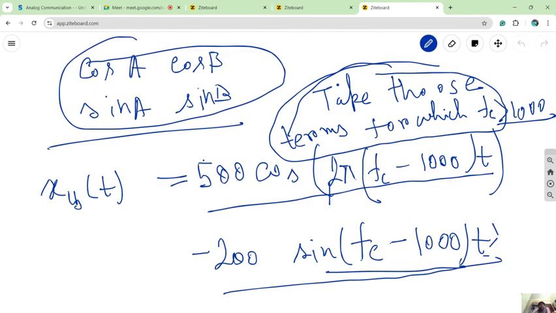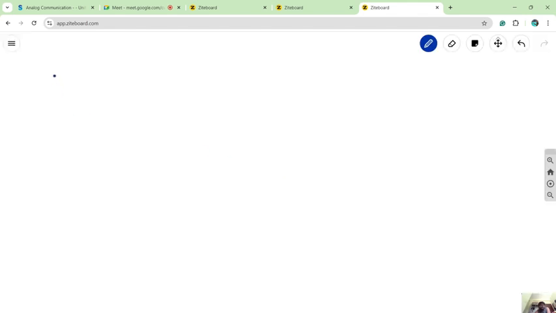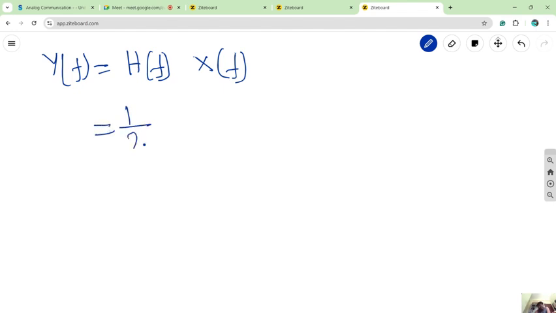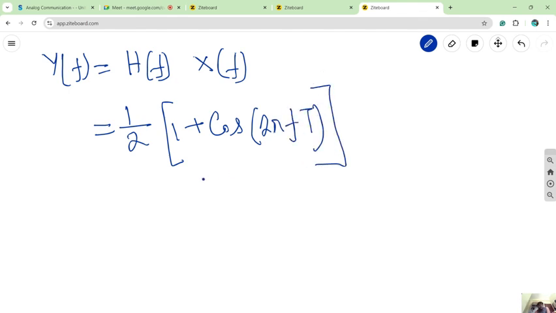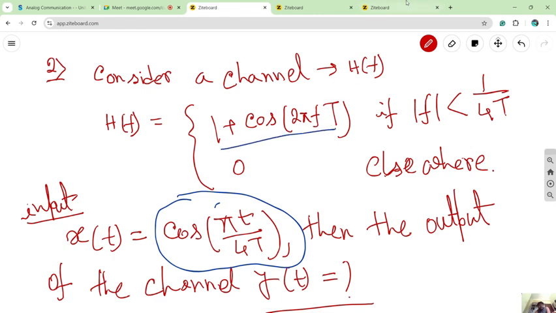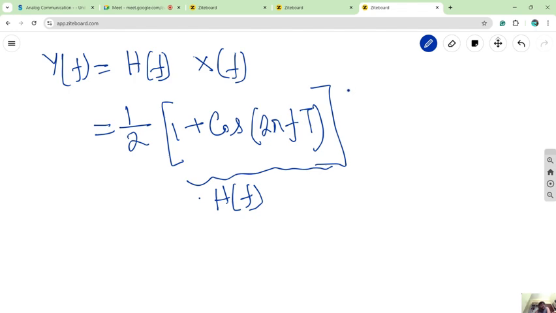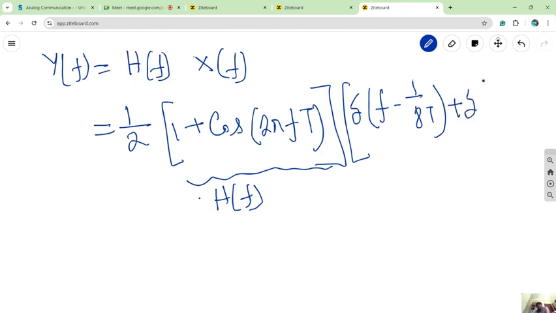So we do this multiplication, and it comes: Y of f is equal to H of f times X of f, that is equal to half of 1 plus cos 2 pi f t, which is the H of f, into delta function f minus 1 by 8t plus delta of f plus 1 by 8t.